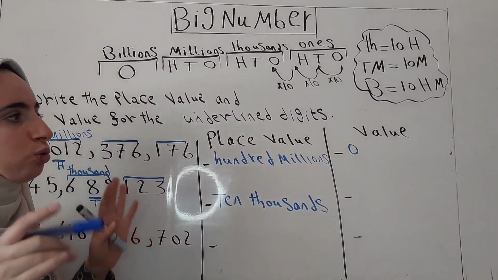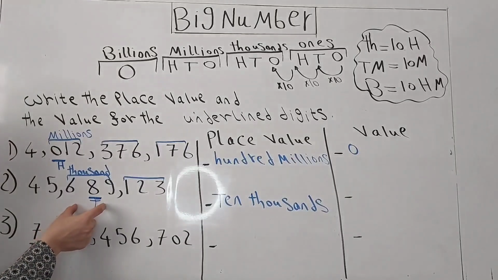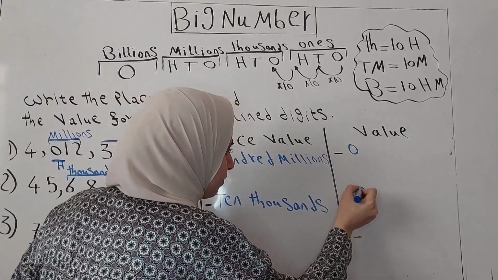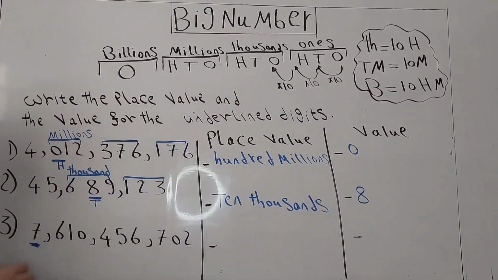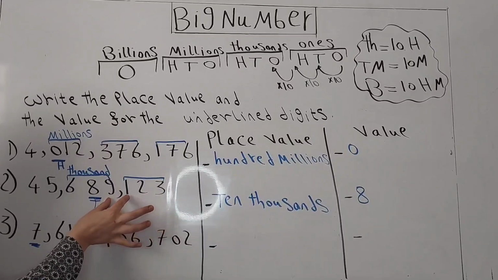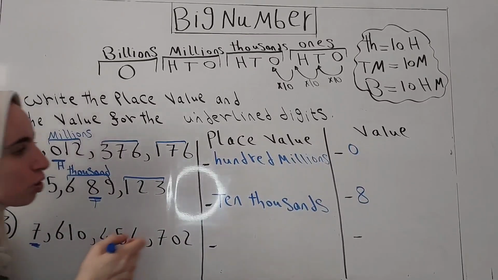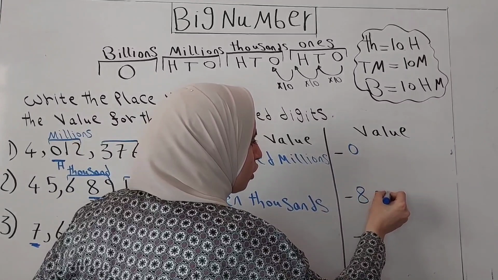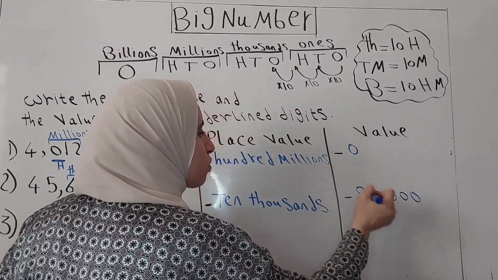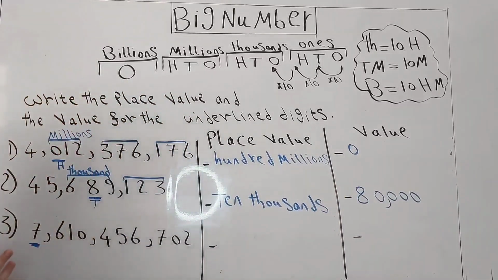We have two ways. The first way, we write the digit 8 as it is and replace the last place with zeros. How many zeros? 1, 2, 3, and 4. So we put 4 zeros, and use commas to separate each 3-digit period.